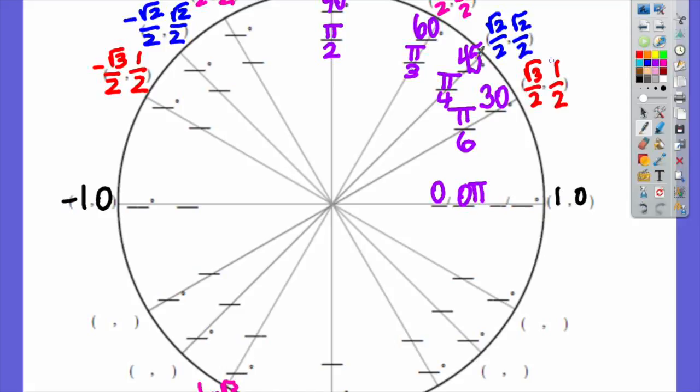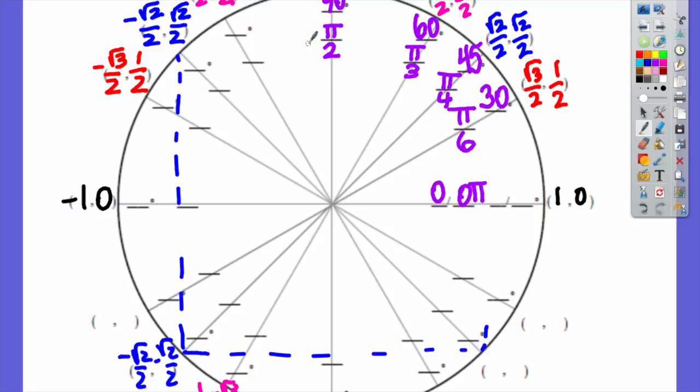Both negative. What's this? They're both negative. I can create, if I wanted to, a little box where they all go together.